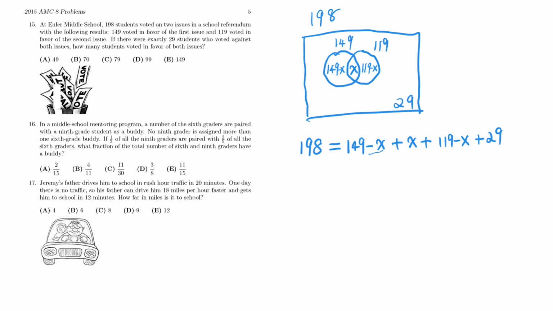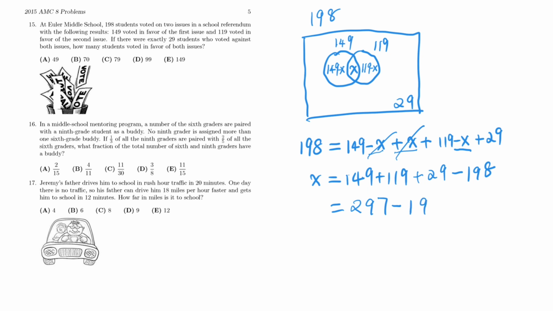So negative X plus X, that's 0. We can cancel positive and negative X. Negative X moves to the equation's left side, giving us positive X. The right side is 149 plus 119 plus 29 minus 198. 297 minus 198 is equal to 99.